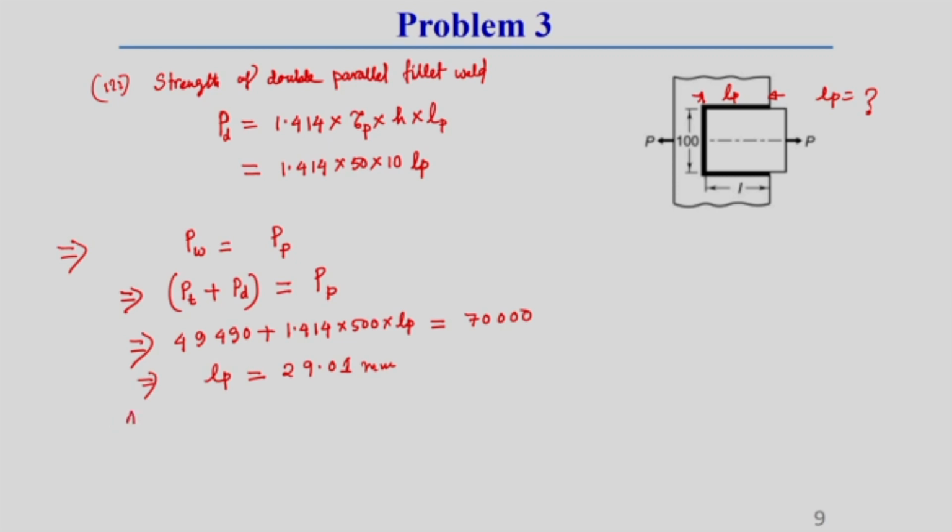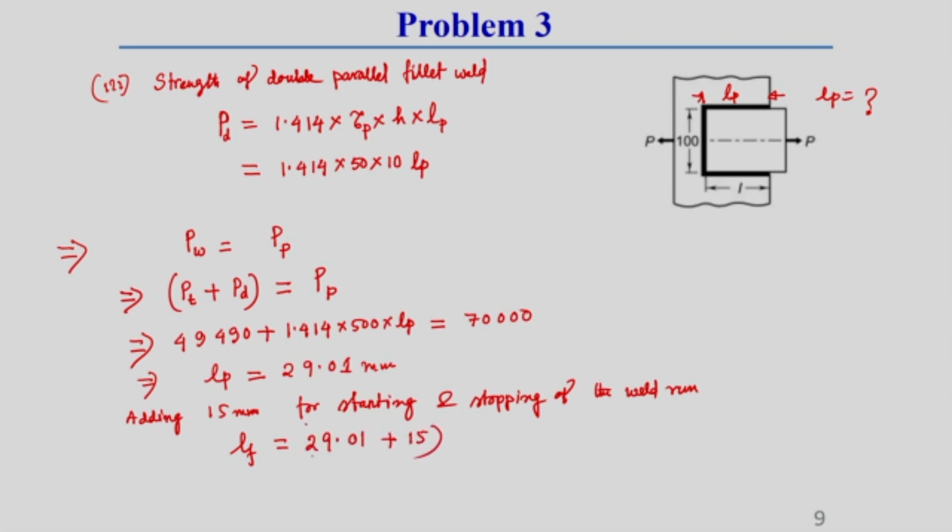After adding 15 millimeter for starting and stopping of the weld run, the final length of the fillet weld, LF, will be 29.01 plus 15 millimeter, which is equal to 44.01 mm.